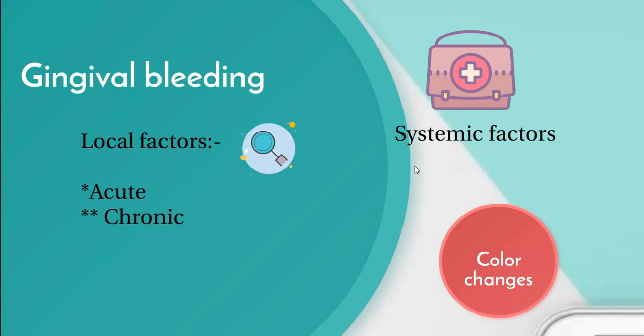So we have vitamin C deficiency, vitamin K deficiency, hemophilia, leukemia, Christmas disease, thrombocytopenic purpura, etc. And also bleeding may also be due to administration of excess amount of drugs, for example salicylates, and anticoagulants like heparin. So these are the main systemic factors for gingival bleeding.